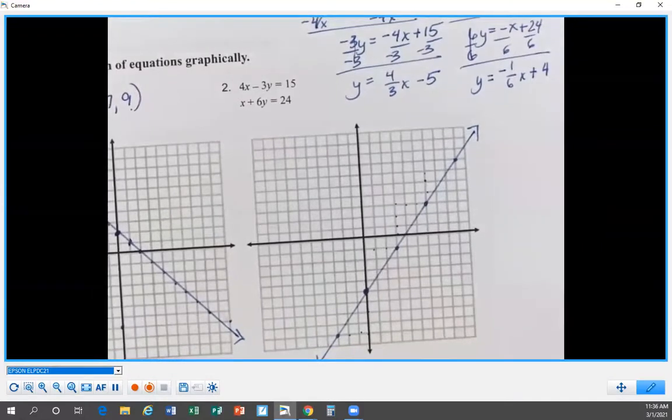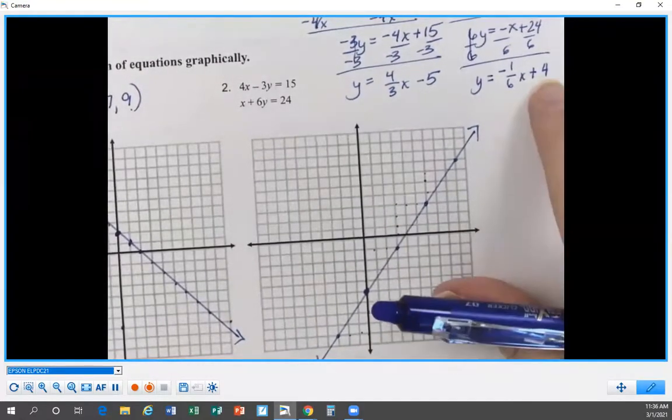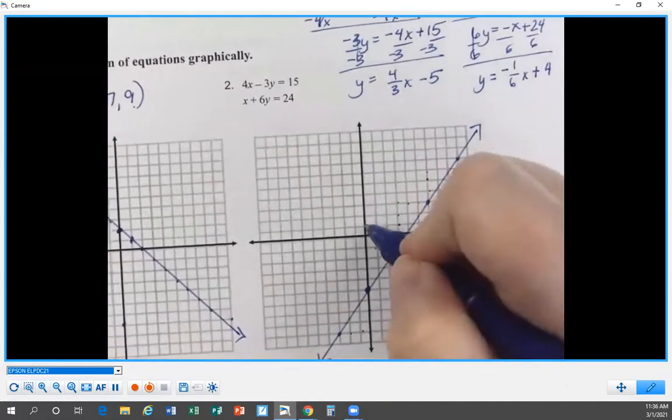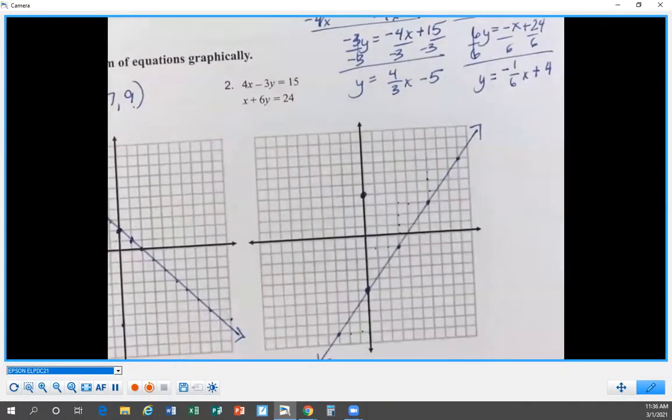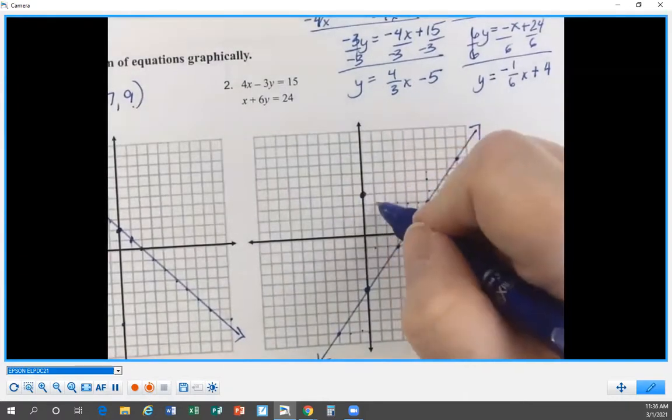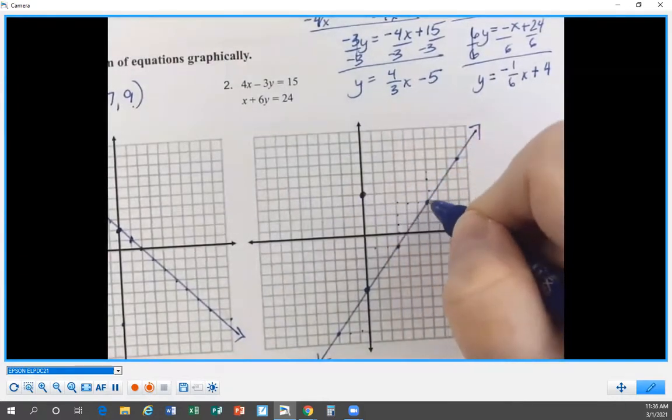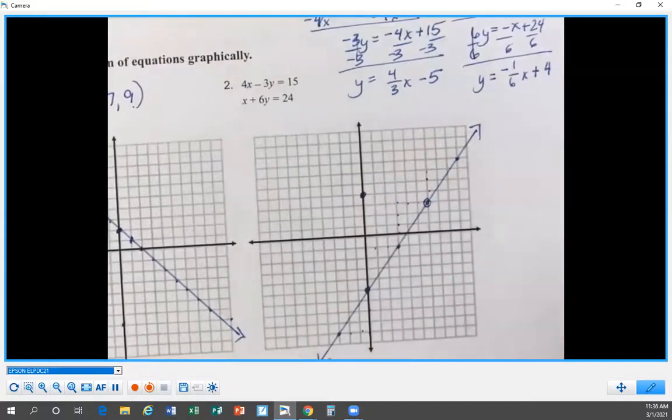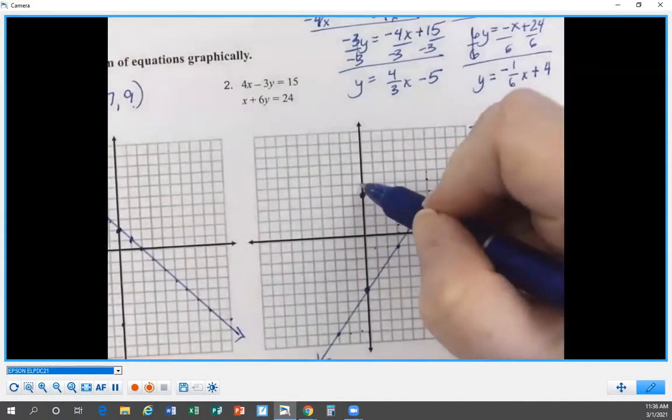And then our next equation is y equals negative 1/6 x plus 4. So this has a y-intercept at positive 4 and a slope of negative 1/6. So we'll go down 1, right 6. That takes us right into our point of intersection. And just to make our line longer, I'll go up 1 and left 6.